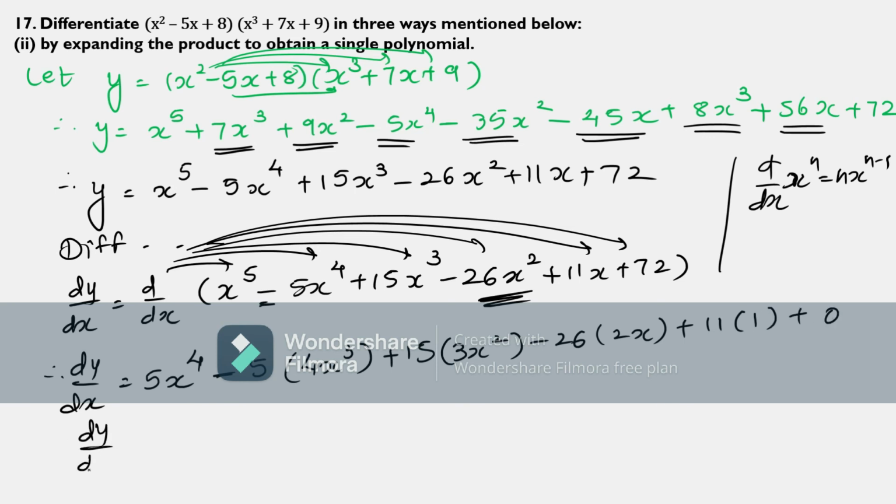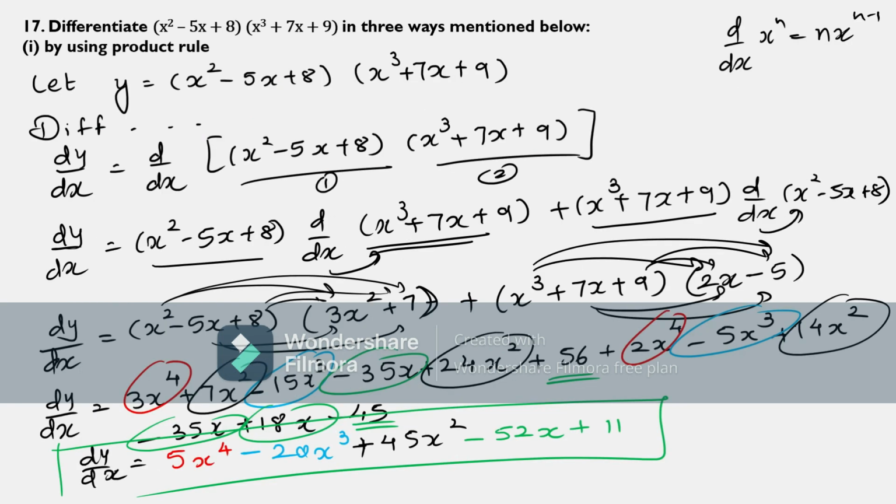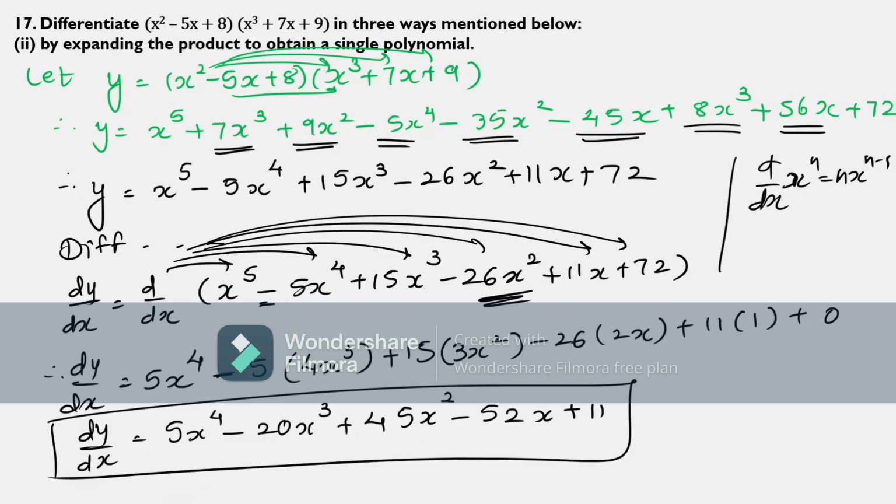So dy by dx is equal to 5x to the power 4 minus 5 times 4 is 20x cube plus 45x square minus 52x plus 11, and you can check this one with the one before. You can feel that this one is simpler, but ultimately whoever is comfortable with whatever method is fine.